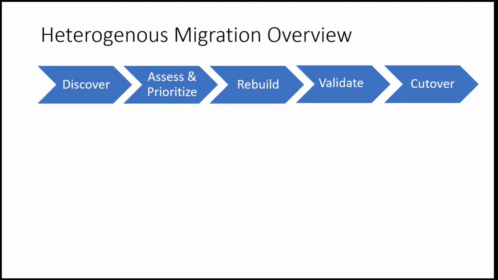Assess and then prioritize which workloads to migrate first, assess any incompatibilities, any things that you need to keep in mind, and so on. Rebuild is where you may need to do some work because it's a migration between different data models or data types essentially, and then validate and cut over.